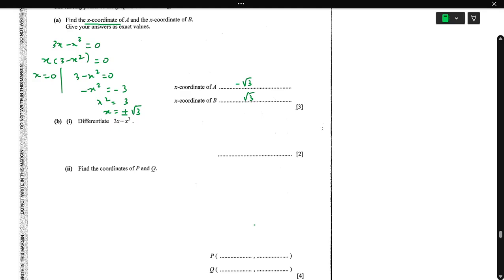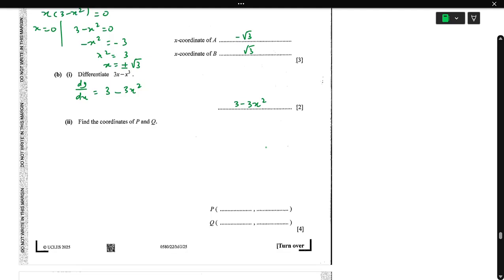Next, differentiate 3x minus x cube. So dy by dx equal to 3 minus 3x square.